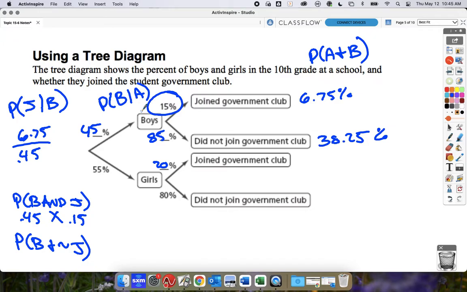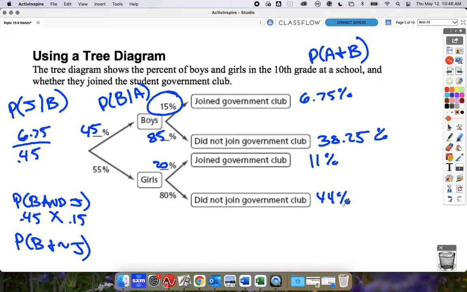So let's keep mathing. If 55% are girls and 20% join the club, what is the probability that it is a girl and she is in the club? 11%. What's the probability that it is a girl and she did not join the club? 44%.